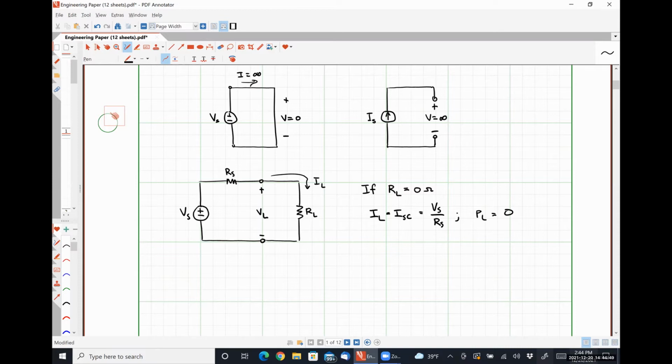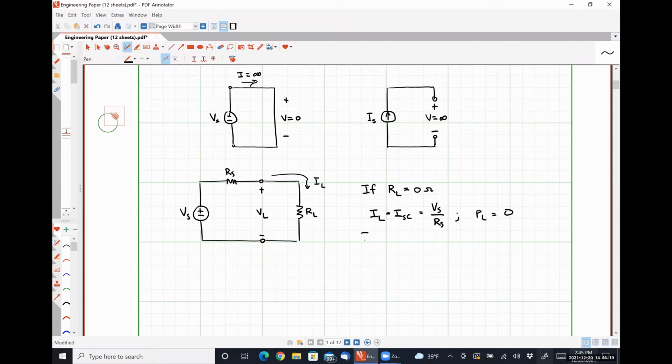So when we short circuit this, we're not delivering any power to our load resistance, which means all of the power that's being supplied by our independent ideal voltage source VS is being converted to heat by its internal resistance, so that this practical source as a whole supplies no power because the load isn't absorbing any power, right?